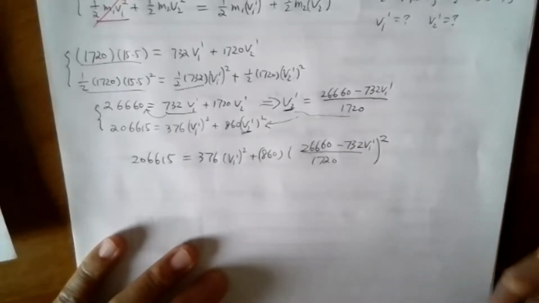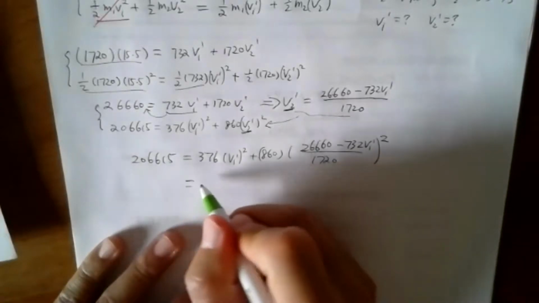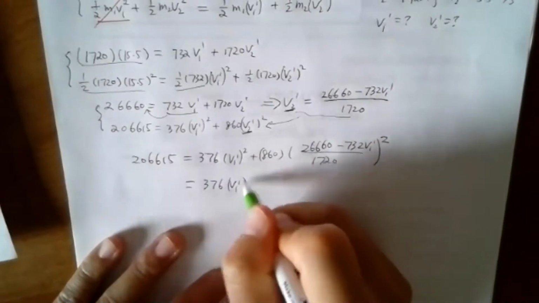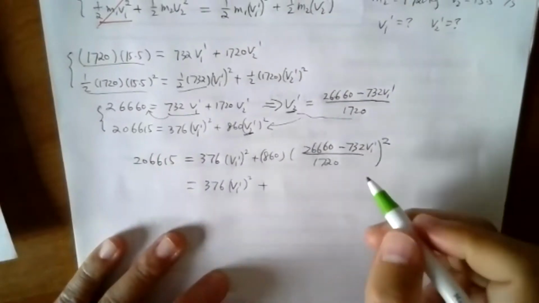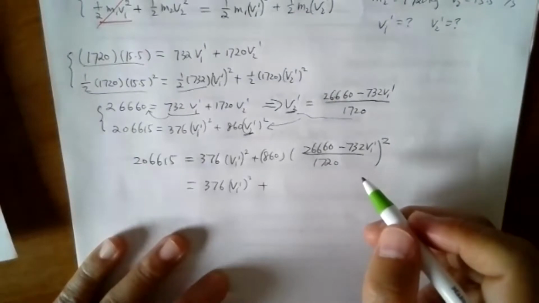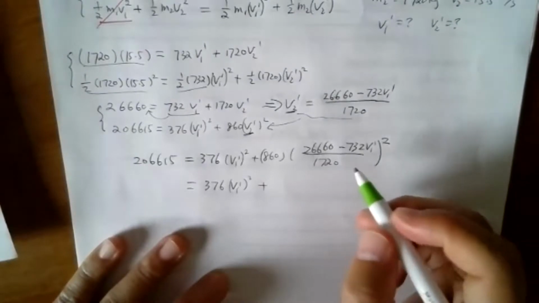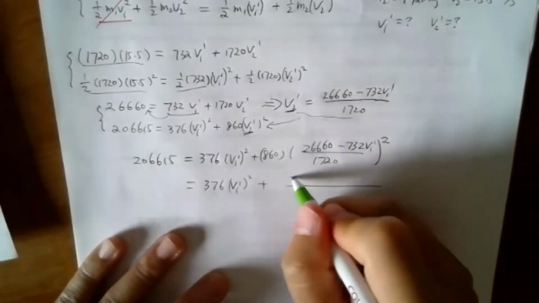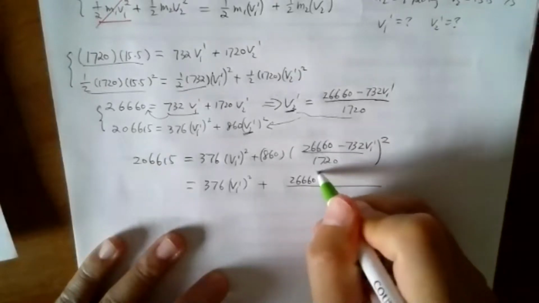So then this is 376 v1 prime square plus, over here for the top, 26660 square.